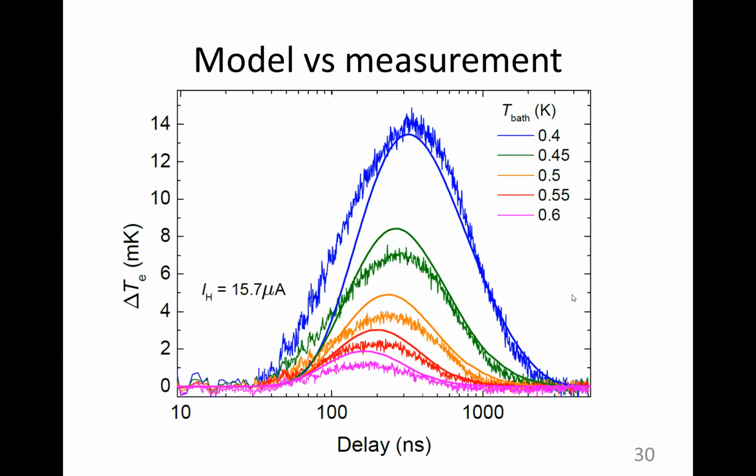So this is a comparison of the model based on this differential equation with the measurements that I have shown previously, and it follows that this model explained the process relatively well.